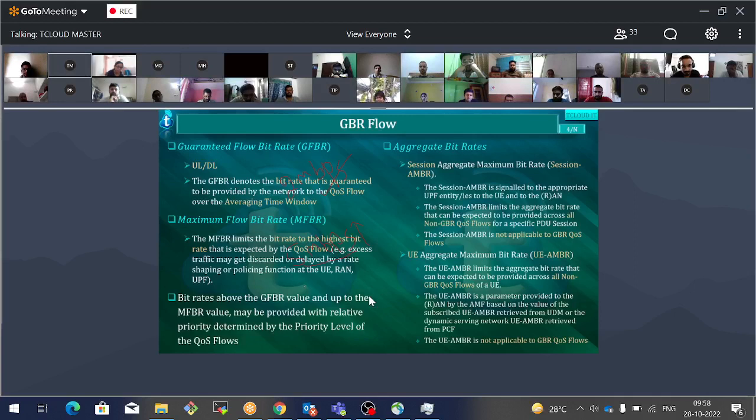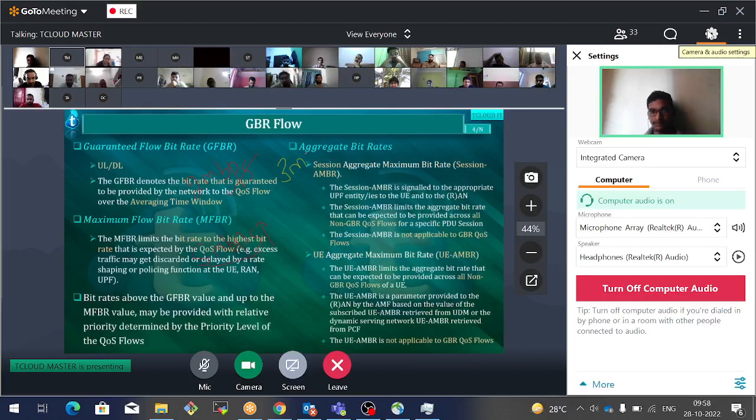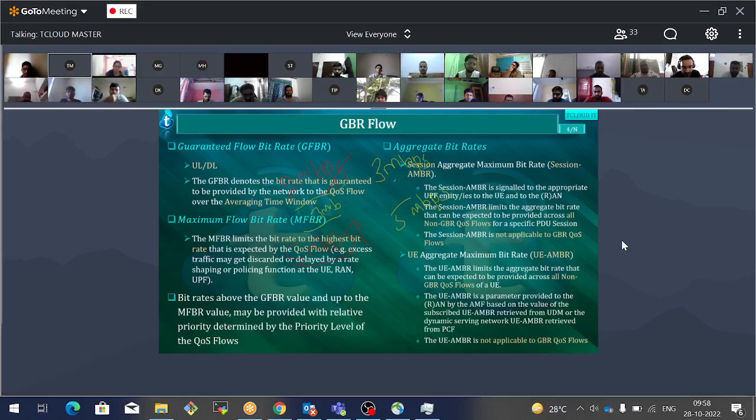Now, let us suppose there are two quality of service flows. For one quality of service flow, guaranteed is 2 Mbps, maximum is 5 Mbps. Another quality of service flow, guaranteed is 3 Mbps, and maximum is 5 Mbps for another QoS flow. Now, whatever the gap is there, 2 to 5, 3 Mb, 3 to 5, 2 Mb, this is excessive.